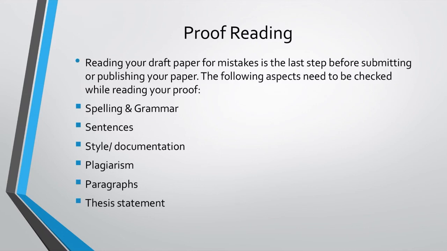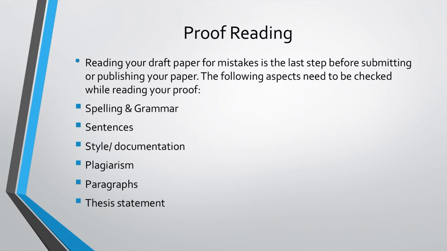Style and documentation. Properly follow the style that you should follow, whether it's MLA or APA style. Then plagiarism, that is, you should check whether you have cited all the works which you have taken for your study. Then paragraphs, the line spacing and all, you should check it.